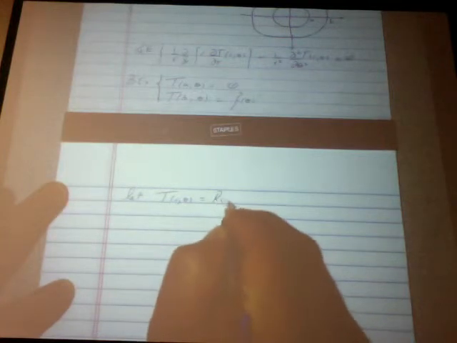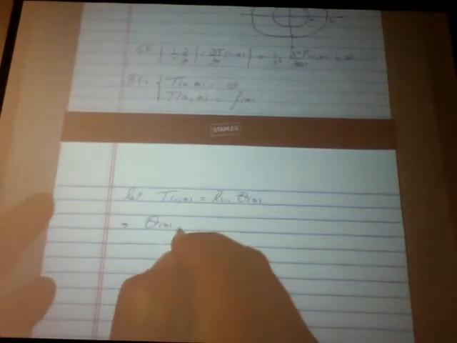Alright, so again, let T of r and theta be equal to R of r times Theta of theta. That would lead to, we don't need to go through the decomposition and separation, we know that that would lead to this, where the eigenvalues n are just integers.